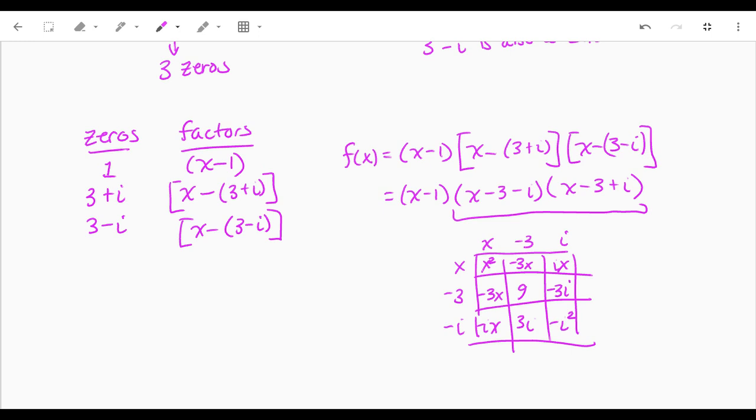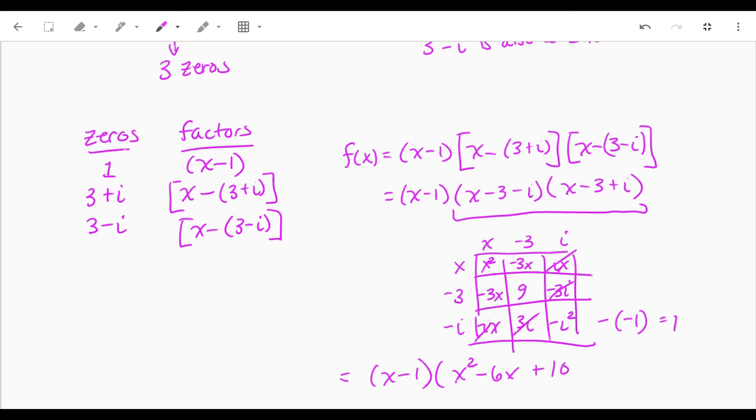So when I do this, remember the i's will cancel out. That's always going to have the same structure. So negative ix is going to cancel out. Negative i squared is negative negative 1, which is 1. So now I have x minus 1 times x squared minus 6x plus 9 plus 1, so plus 10.